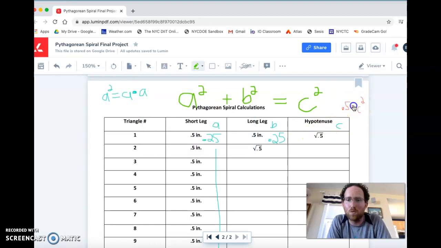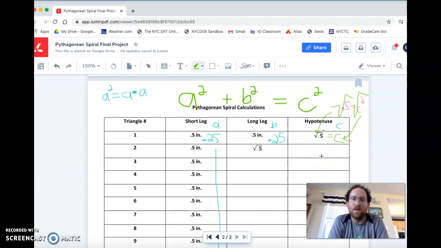So you go square root, and you get square root of c squared is c, right? And the square root of 0.5 is the square root of 0.5. So now we have it. Awesome.